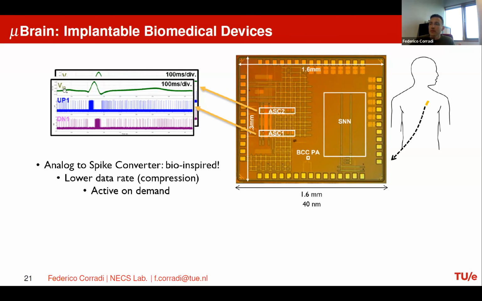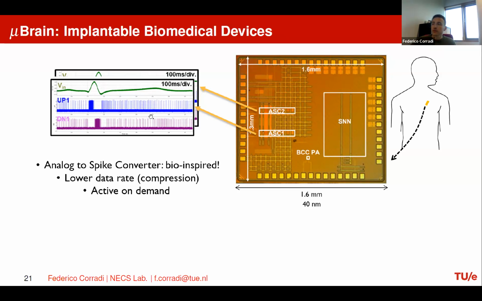You see it here, you have a voltage input. Imagine that this is an ECG signal, right? You have the up and down output channels. So one signal gets converted into two streams of spikes. Whenever the analog signal passes one of the thresholds, up or down, a spike is emitted in the up or down direction.